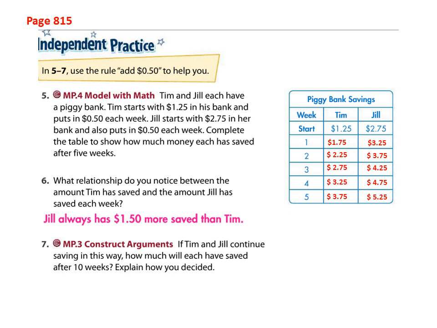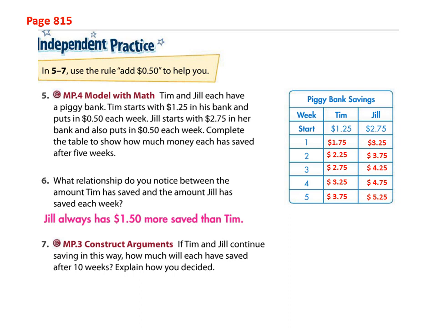Question 7. If Tim and Jill continue saving in this way, how much will each have saved after 10 weeks? Explain how you decide. Of course, after 10 weeks, we must repeat 0.50, it will be repeated 10 times.